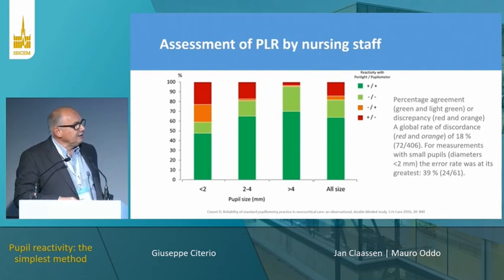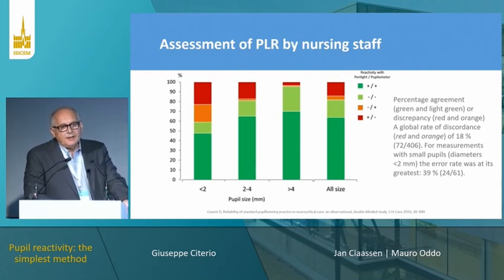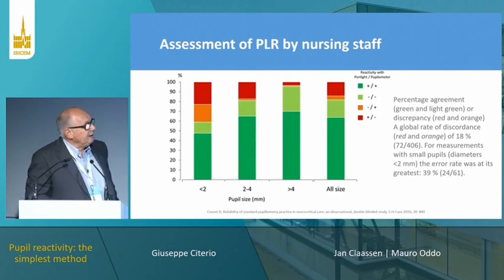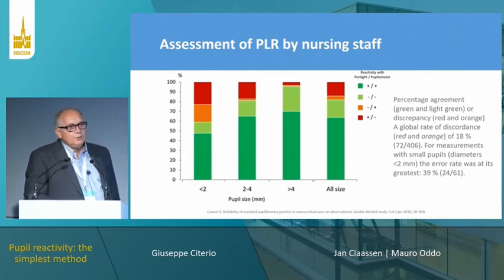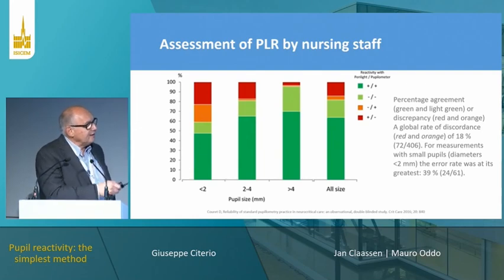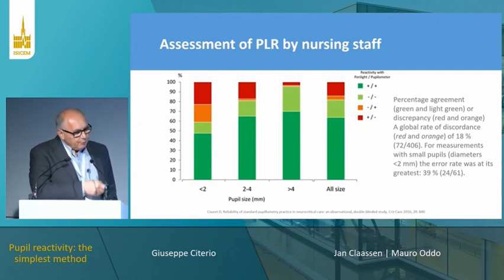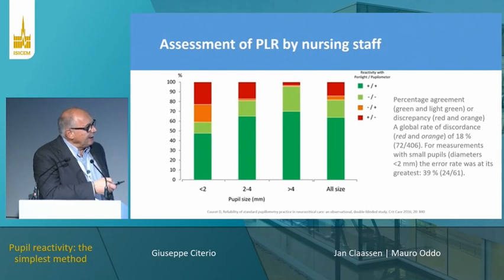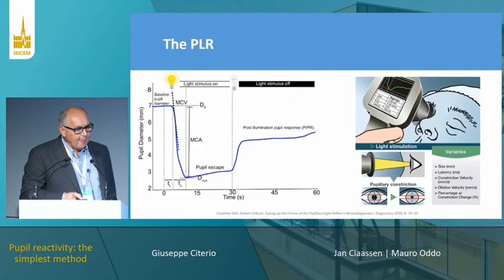The nurses make errors in the size of the pupil and the reactivity of the pupil, and this error, for reactivity for example, could be summarized as 18% of the time. So the error, due to the confounders we discussed earlier, and also the fact that the light the nurses were using was not standardized, had a lot of associated errors.